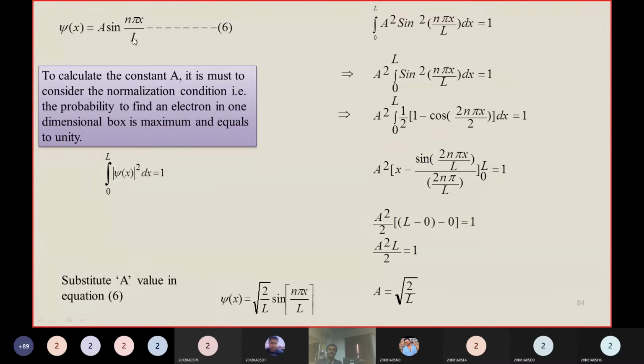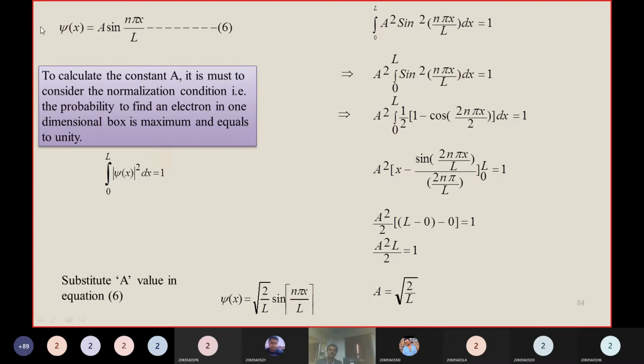Only if an imaginary part is there will the complex conjugate change. So if psi of x is equal to a sine ikx, psi star of x is equal to a sine of minus ikx.